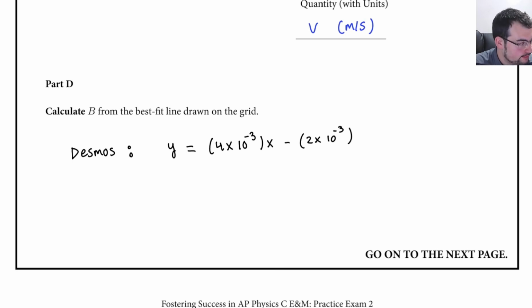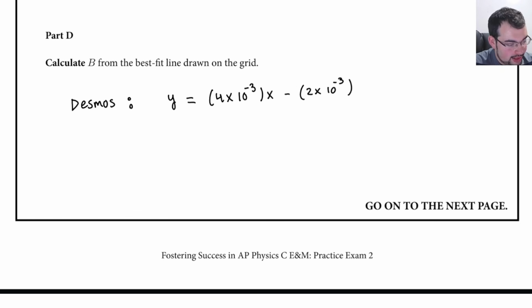Now I'll calculate B. So I plugged this into Desmos and got my best fit equation. And we said the slope was equal to M over QB.